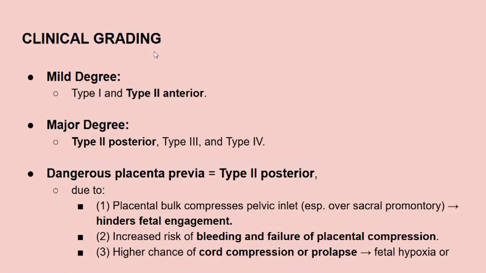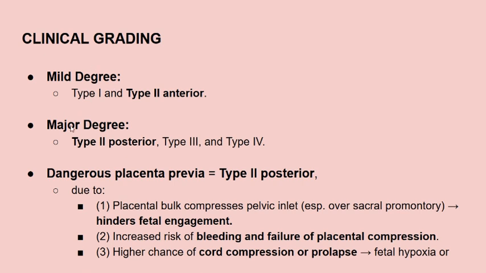So we can also grade the degree of severity of placenta previa, usually based on the classification. There's the mild degree, the major degree, and we even have the dangerous type. The mild degree is any type 1 and type 2 that is anterior. It's generally believed that anterior placenta previas are less dangerous than posterior.